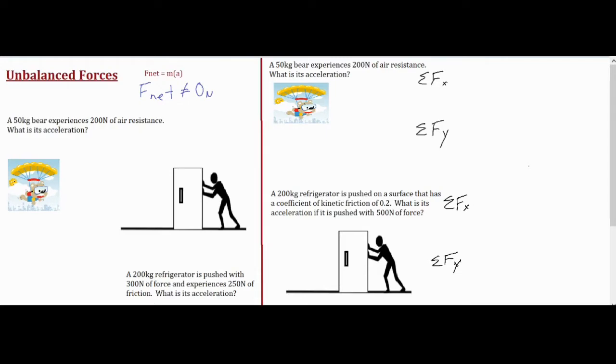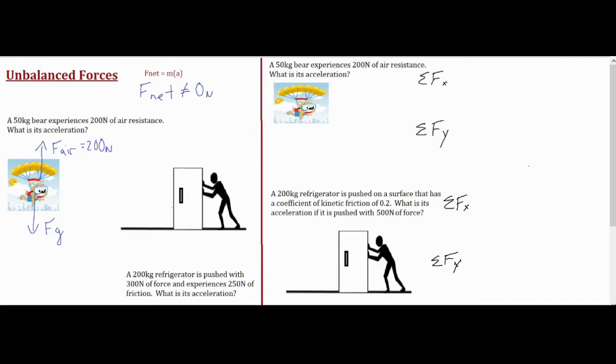We have something that is falling. So we have an Fg pulling down as usual. We typically don't consider air resistance that much, but in this picture we will because it's someone falling with a parachute. And then from there, we know that the air resistance is 200 newtons because it's written in the problem.